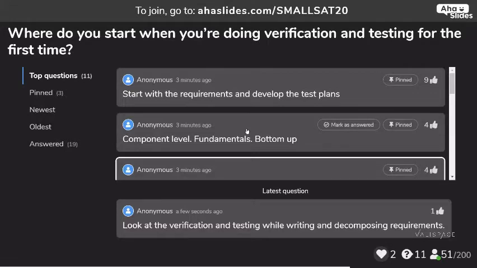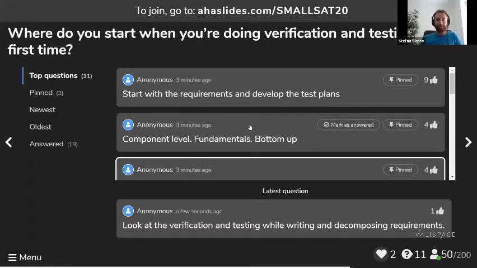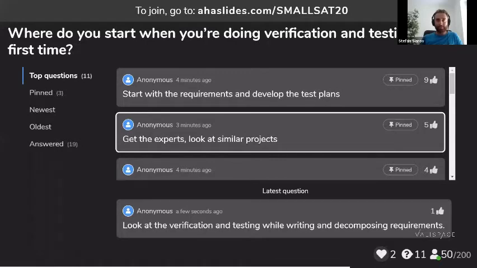Thanks, Stefan. Okay, thank you so much for expanding on that, Vishal. Anyone wanting to pick up on that? So, Vishal, I'm going to lower your hand now. Meanwhile, I'm curious to hear from someone who wrote, get the experts, look at similar projects.